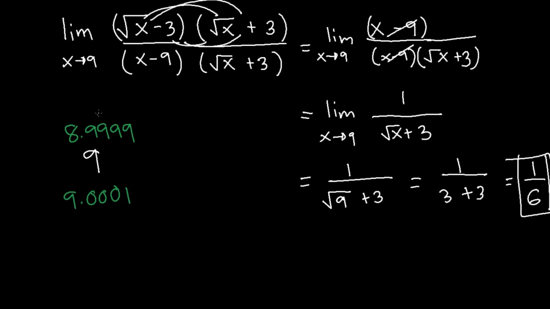If you plug that into x, you still get a value close to 1.6. So you can say that the limit is about 1.6. So that's using the approximate value. But if you use this method, you can get the exact value of the limit.